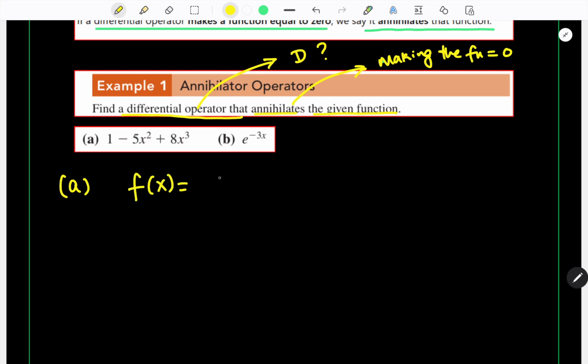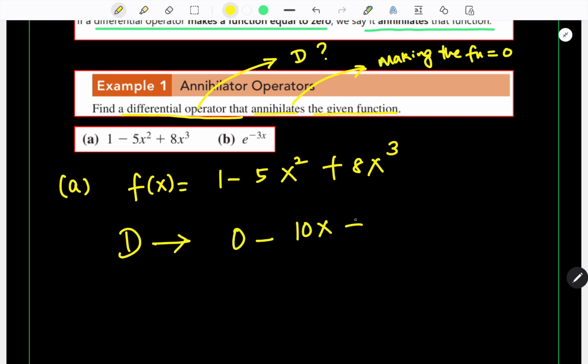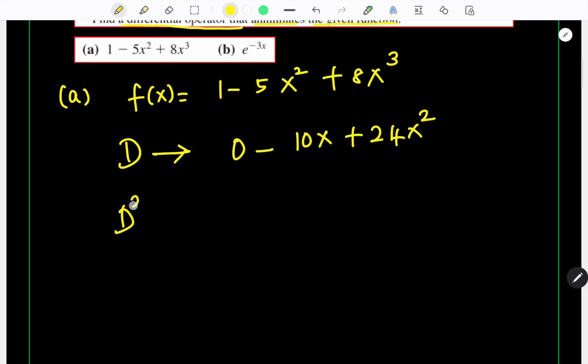Your function f of x is 1 minus 5x square plus 8x cube. Let's start with the first derivative D. When I take the first derivative, 0 minus 10x plus 24x square. D square gives minus 10 plus 48x.